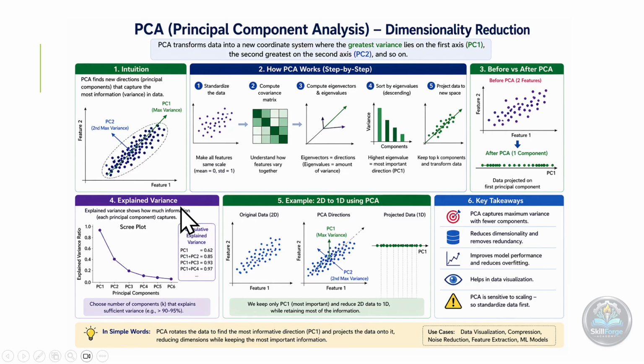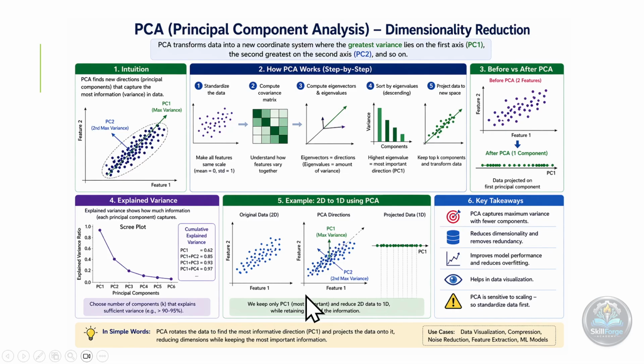Now we'll try to understand what is variance. This shows how much information each component captures. The first few components usually capture most of the information, so we keep only those.